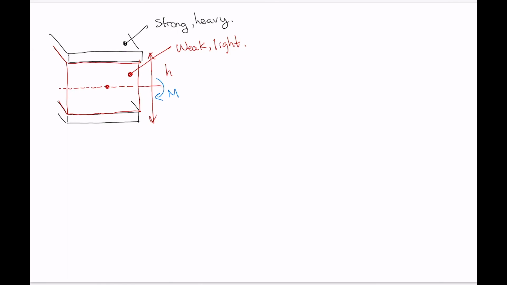So we take this beam that we have as a composite beam, and what we say is that we're going to leave the strong, heavy material alone. Okay, so I'll redraw that.